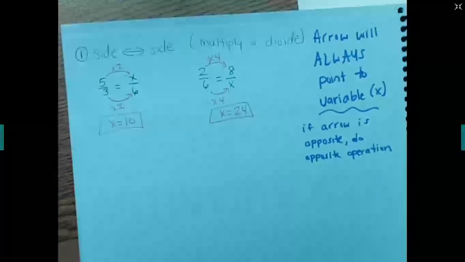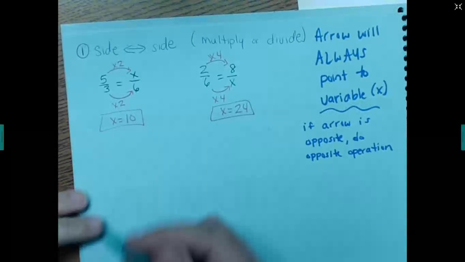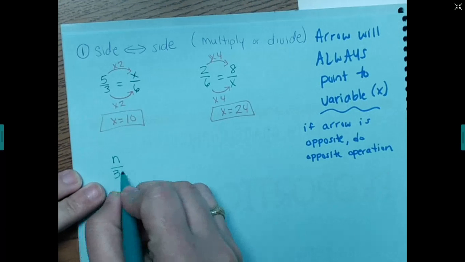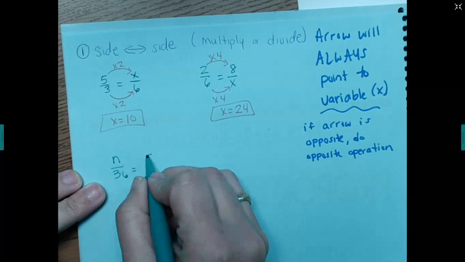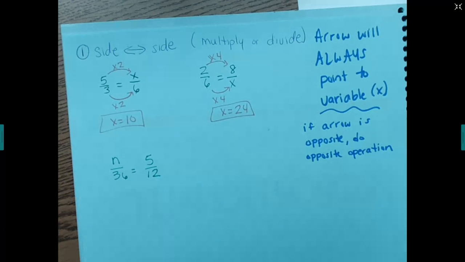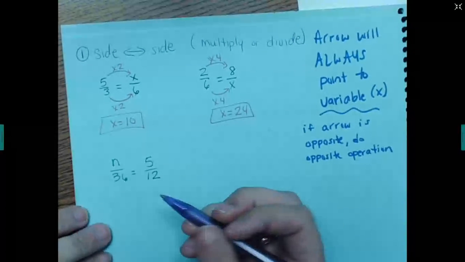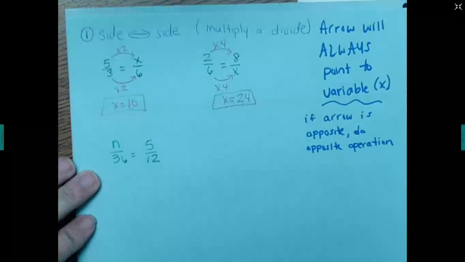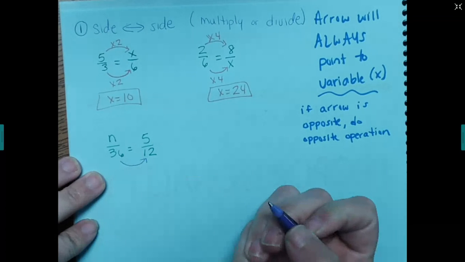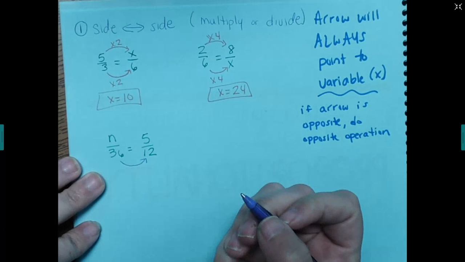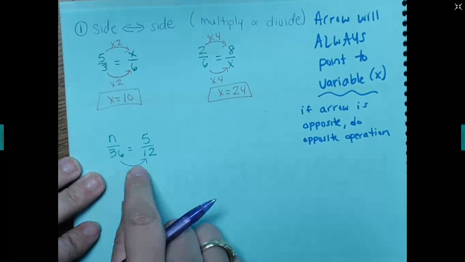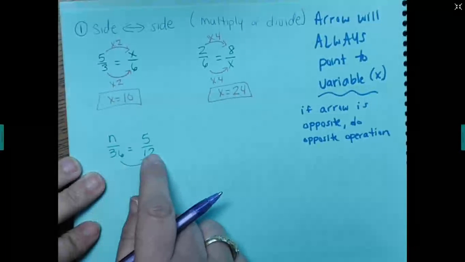Okay, next question. N over 36 equals 5 over 12. This time, my numbers are on the bottom. So how am I getting from 36 to 12? Is it getting smaller or bigger from 36 to 12?